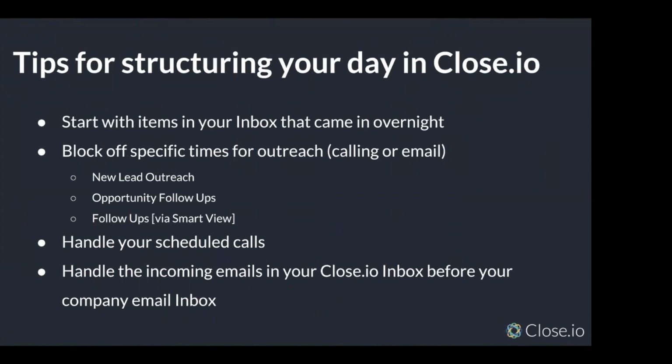Maybe you switch gears and do some of your opportunity follow-ups, or if you have another specific smart view that you use for certain situations, you can use that, so that you're blocking off specific times and not totally focusing on one part of your sales funnel or pipeline.